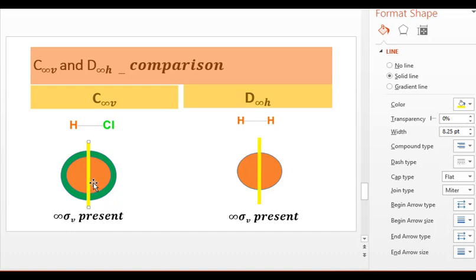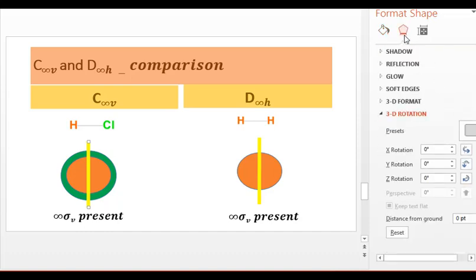And on both sides of the sigma v plane you find the same appearance, to the left as well as right, and so it is a sigma v plane, no doubt. And if we rotate it, how many sigma v planes will there be?